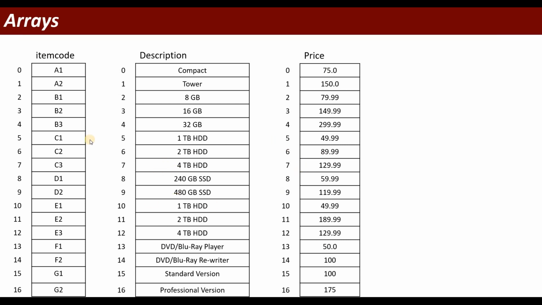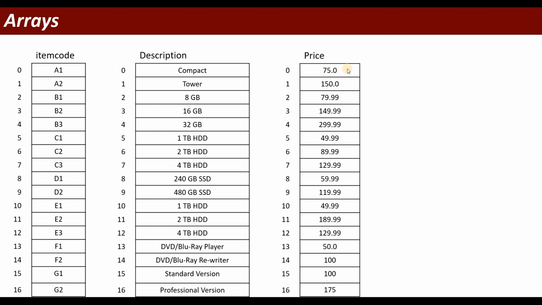Here I have declared arrays. Suppose the index is 0 to 16 is the index number. One array is item code: A1, A2, and so on. These are the item codes. The second array is the description, having elements like compact, tower, 8 GB, 16 GB, and so on. It also contains 17 elements.